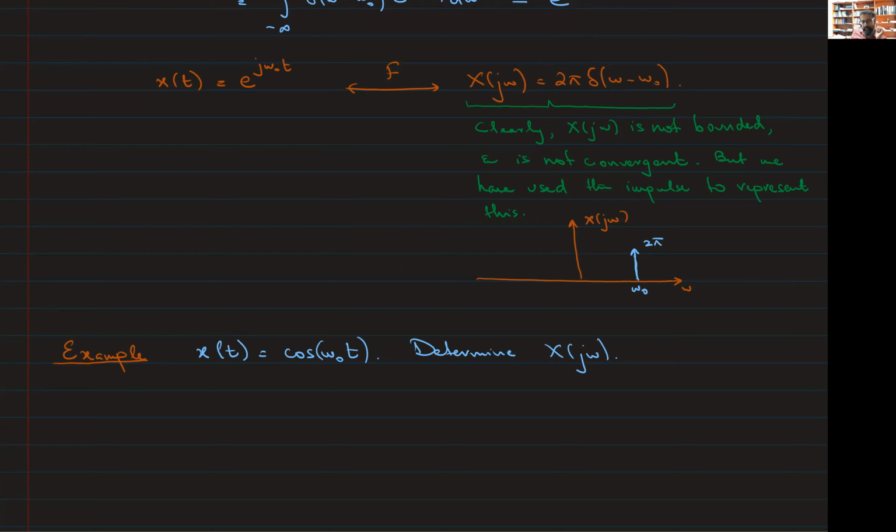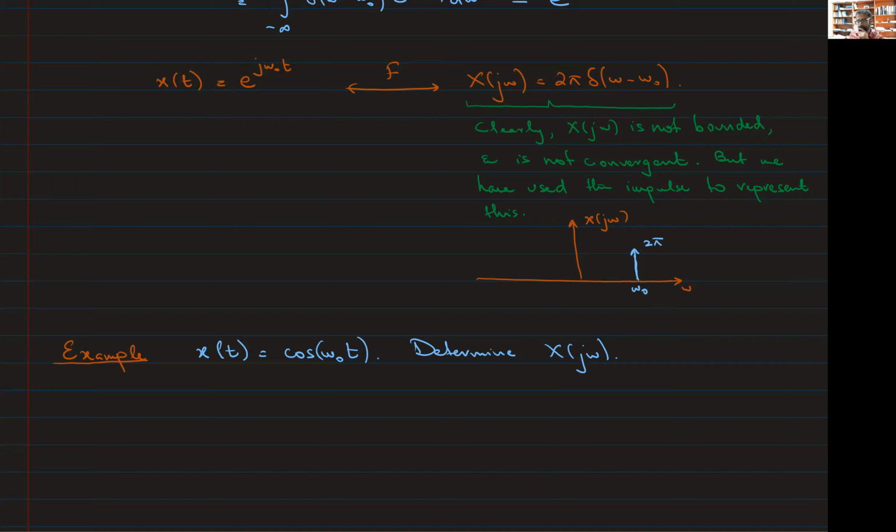I'll tell you a little later, perhaps one lecture from now or 2 lectures from now. Okay, let's just try to go through some exercises. So if I give you x of t equals cosine omega naught t, and I ask you to determine the Fourier transform for this.